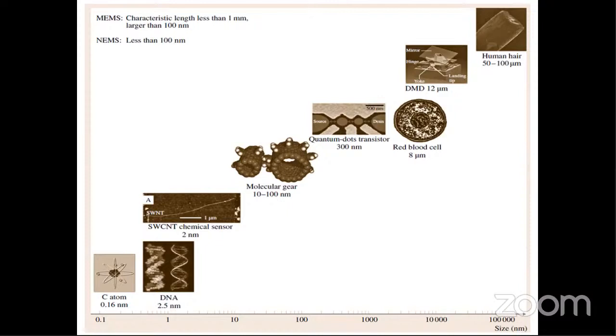For example, we have one bacterial cell of 1 micron size, and another bacterial cell of 2 micron size.